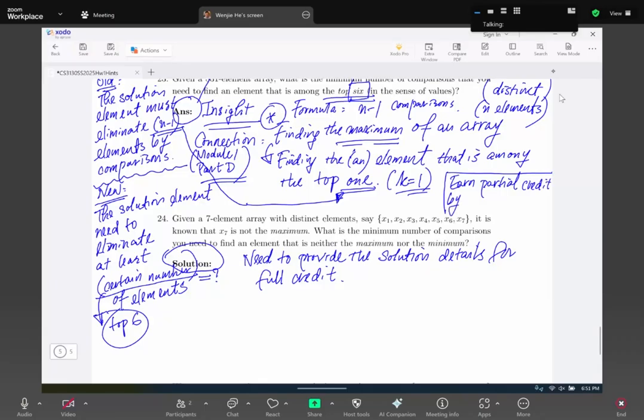by giving key steps. Erase, sorry. Key steps to earn partial credit.